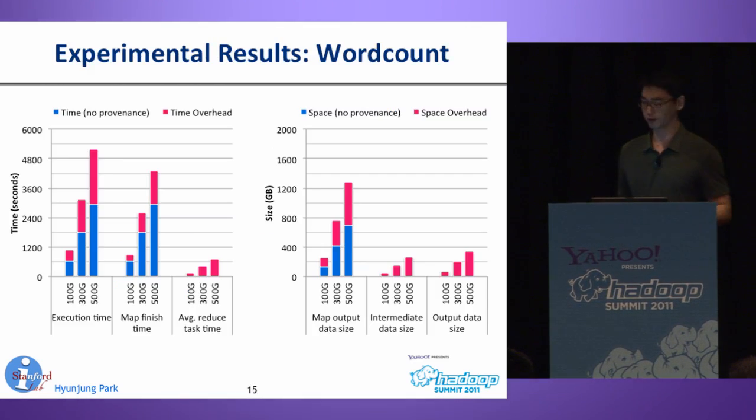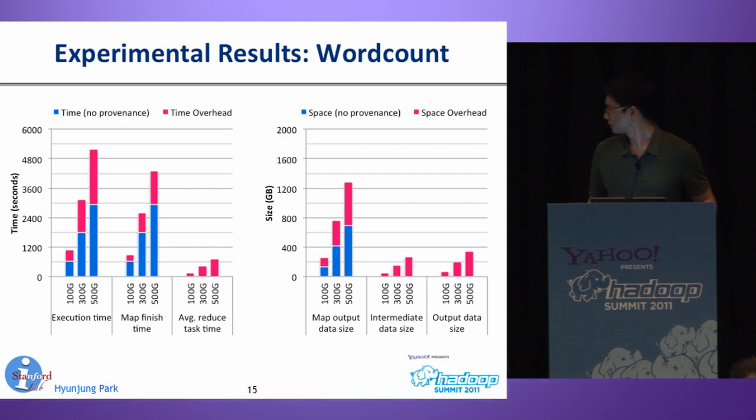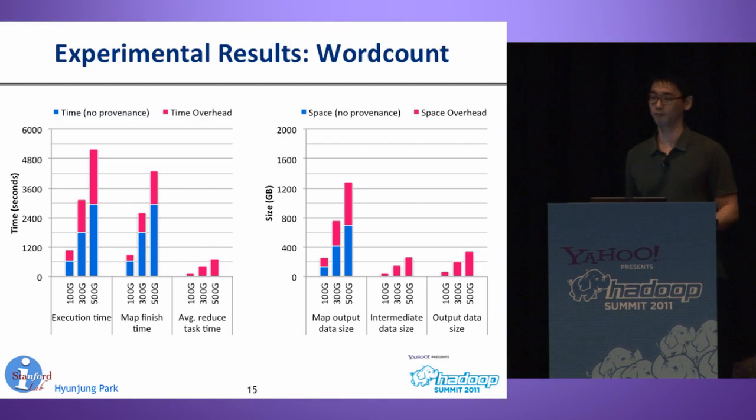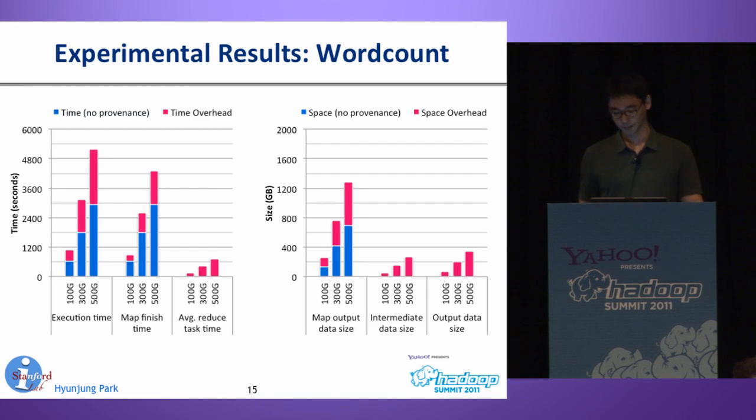So here's a rather complicated graph for word count. From the left, we have execution time, map phase time, and reduce phase time. And there is a space graph, which shows the map output data size, and the intermediate data size, which is after applying combiner and map output compression.